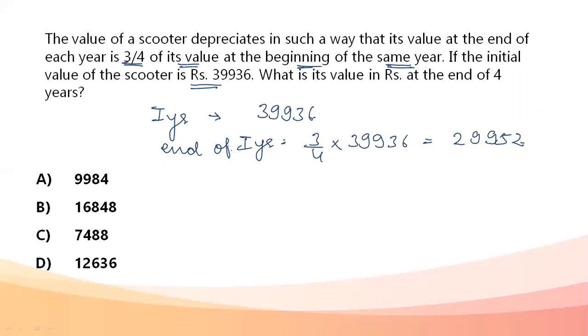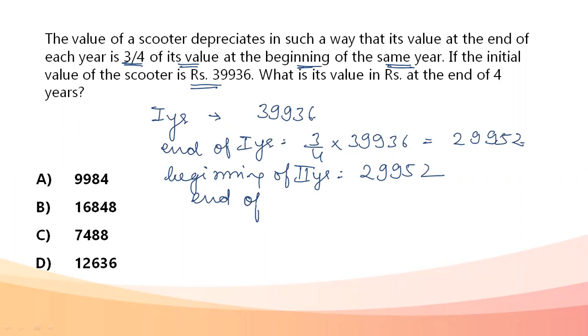Now whatever is the value at the end of first year, that is going to be the value at the beginning of second year also. So beginning of second year value is 29952. End of second year, the value is going to be 29952 into 3 by 4. When we do this, value comes out to be 22464. This is going to be the value at the beginning of third year also.